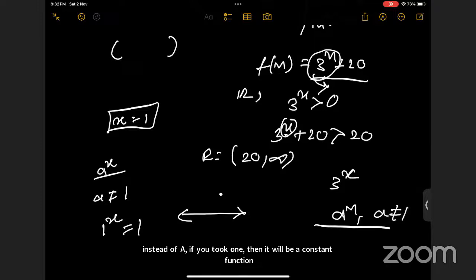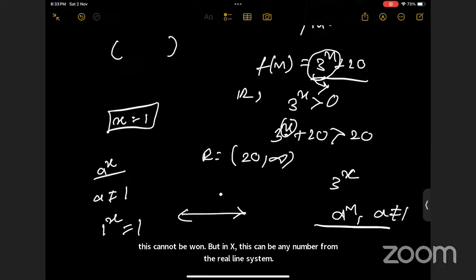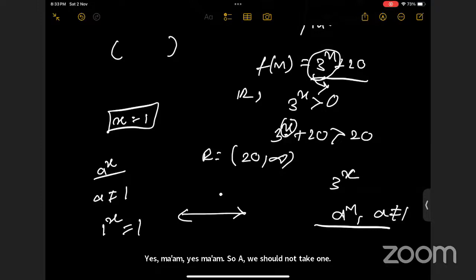There is no problem, because we are varying x. In a, we are taking something fixed, so this cannot be 1. But in x, this can be any number from the real line. Okay, is it clear? Yes, ma'am. So for a we should not take 1.